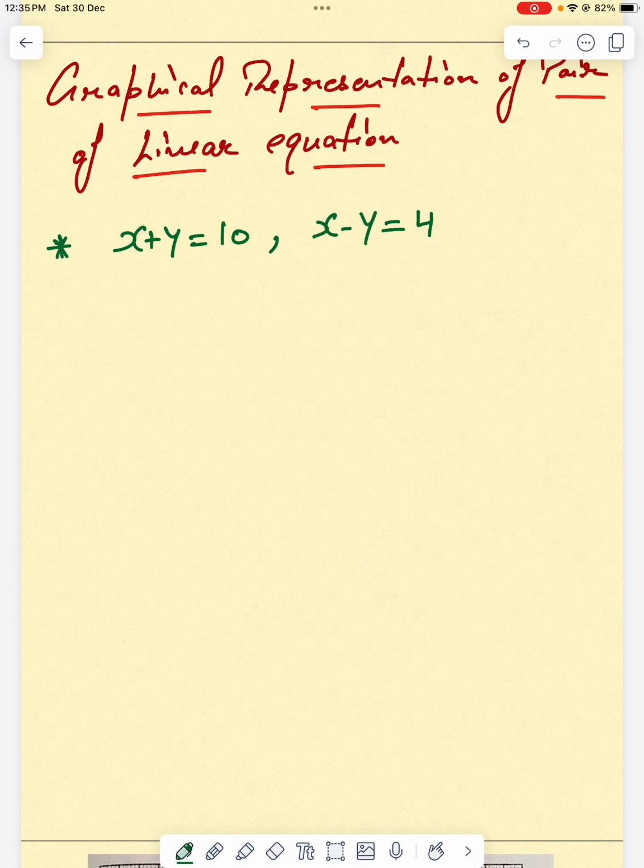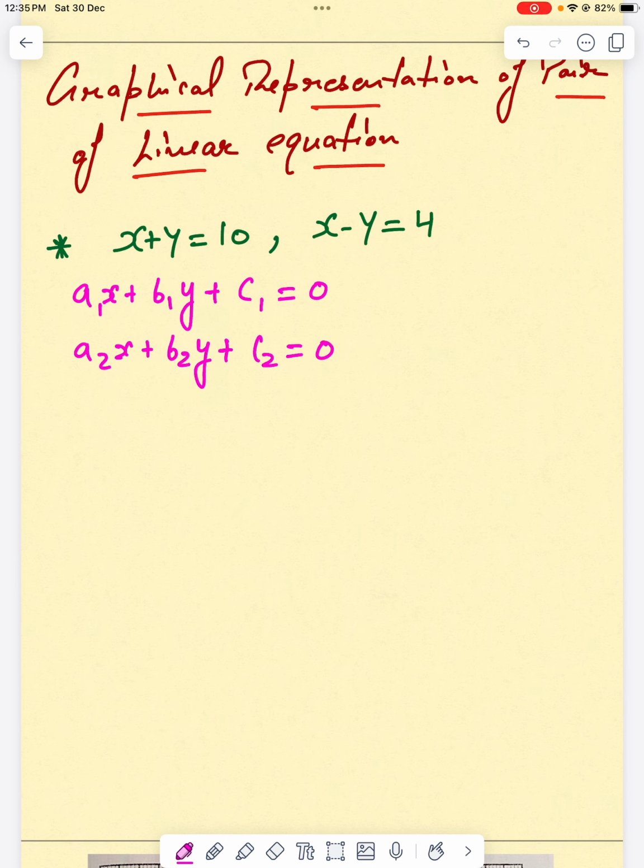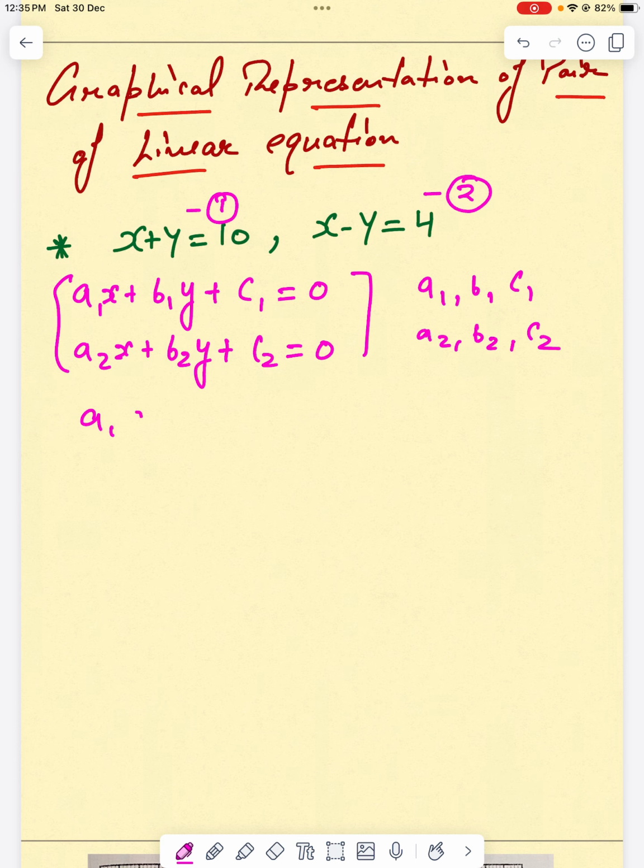Okay, now you know that the general representation of a straight line with coefficients is a1x plus b1y plus c1 is equal to 0, a2x plus b2y plus c2 is equal to 0. So we have two equations, equation 1 and 2. Just compare them with the general equation and find a1, b1 and c1 for equation 1 and a2, b2 and c2 for equation 2.